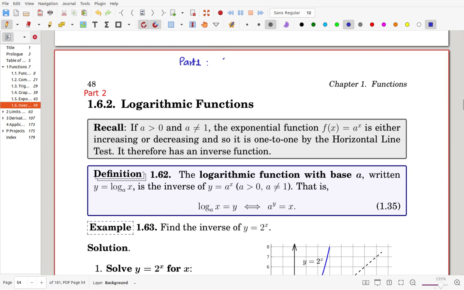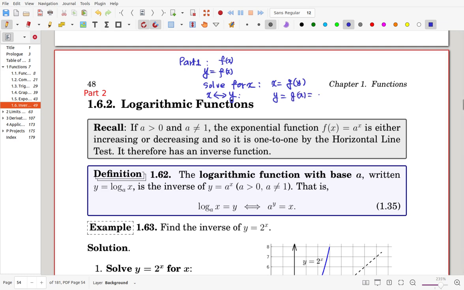Once f(x) is given, we write y equal f(x), and we solve for x so that x equals a function of y, and then exchange x and y so that it becomes y equal a function of x.